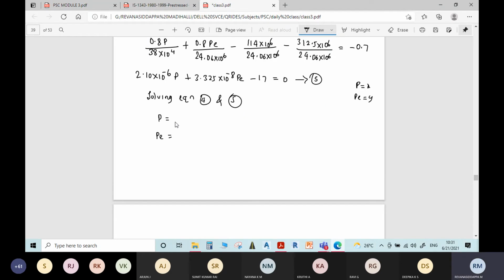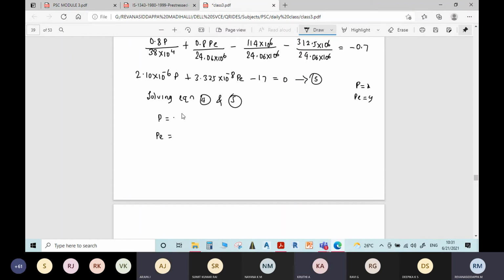How much? P is equal to minus 3.006 into 10 power 6. Minus 3.006. I have a different answer here.